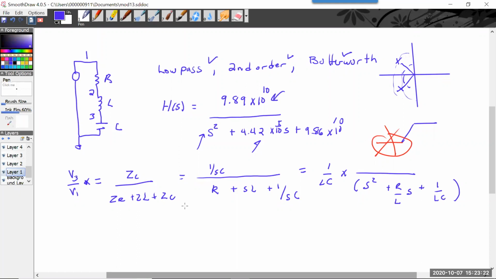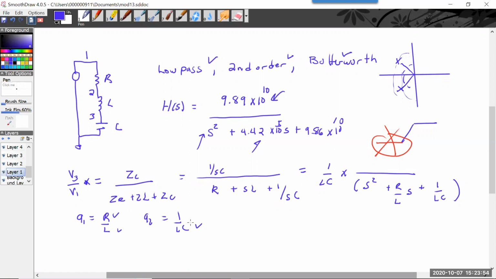All right, so now here are my design equations, right? A1 equals R over L, and A2 equals 1 over LC. And you might realize that I have 2 equations and 3 unknowns, right? So there isn't just one solution that's going to work, right?